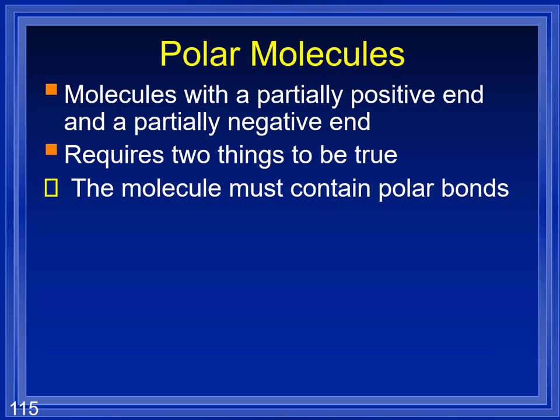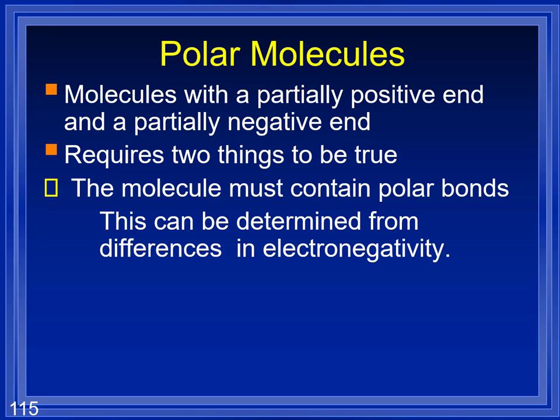This is what I check first because this is easy. I look up some numbers on the table and I subtract them. So first I look to see if it has any polar bonds. If it doesn't have any polar bonds, I'm done. If it has polar bonds, I've got to go check condition number 2.